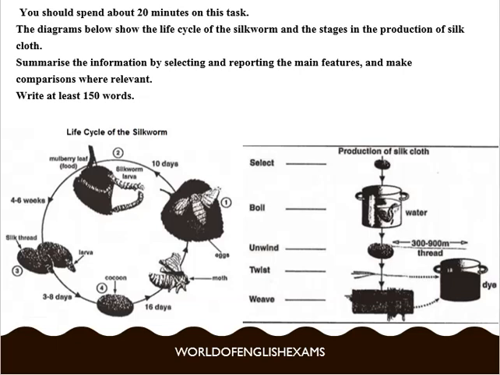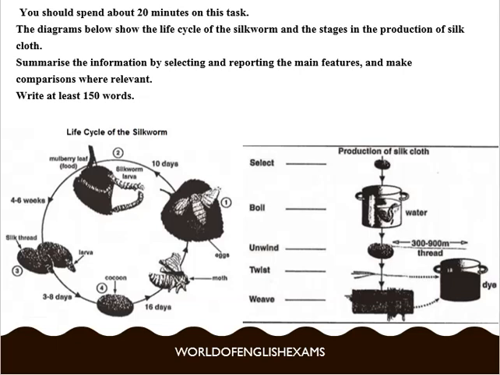Then they are illustrating the process of production of silk cloth. So both are interrelated. First one is a natural process, then the second one is a man-made process. The first one is a cyclic process which can repeat multiple times. Then the second one is a linear process which is man-made, so it is done step by step or stage by stage. So this is what we infer from that.